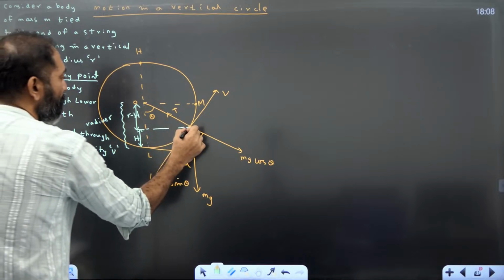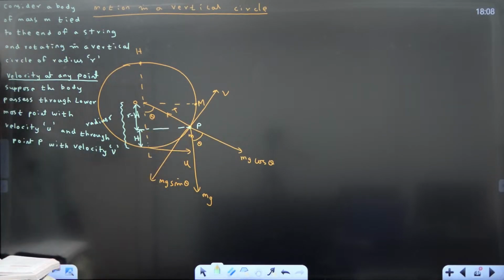Let this be point P. What is the point P velocity? V.